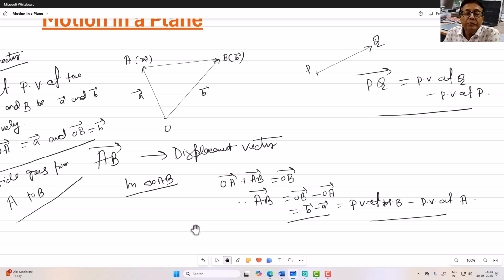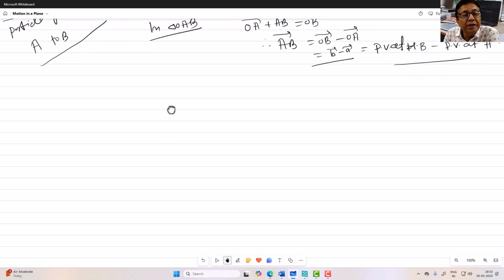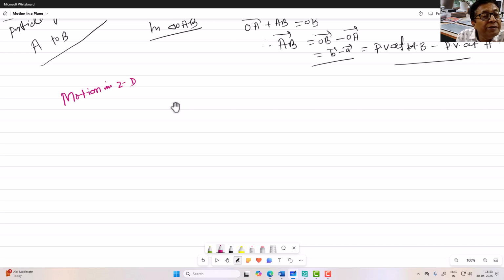Now, when a particle moves on a straight line, we need not do vector application over there. But when you consider motion in 2D, motion in 2D is motion in plane, motion in 3D is motion in space.